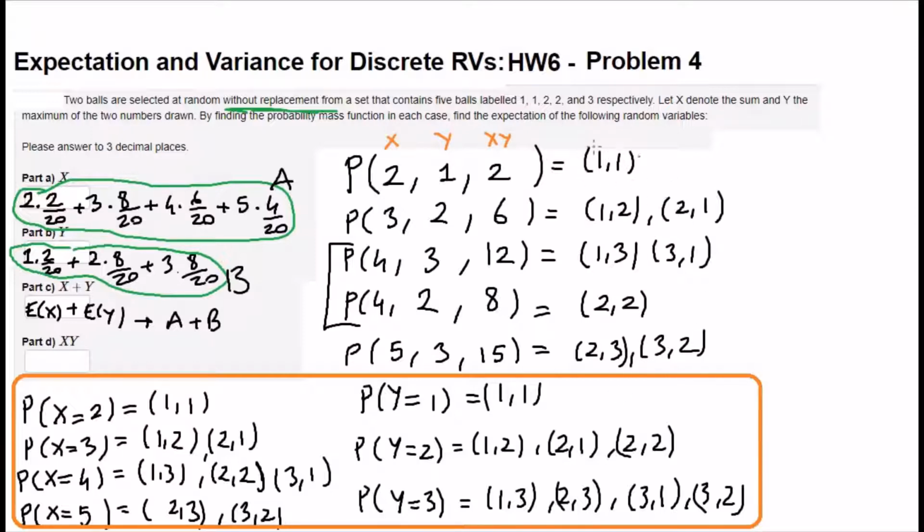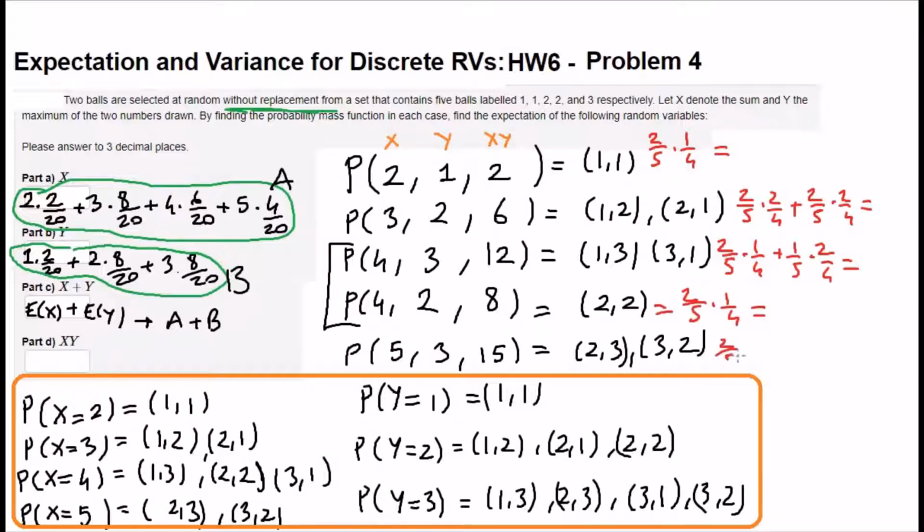Now we can compute the probabilities here. So this is going to be 2/5 times 1/4. This is going to be 2/5 times 2/4 plus 2/5 times 2/4. This is going to be 2/5 times 1/4 plus 1/5 times 2/4.